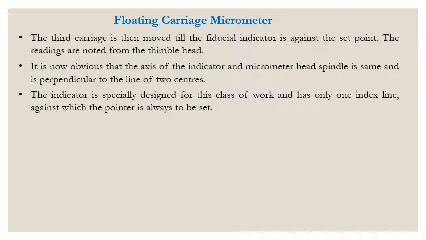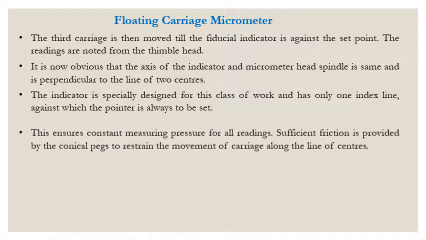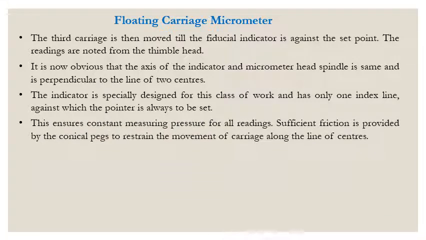The indicator is specially designed for this class of work and has only one index line against which the pointer is always to be set. This ensures constant measuring pressure for all readings.